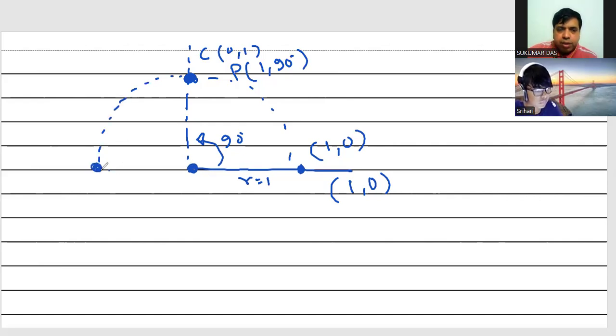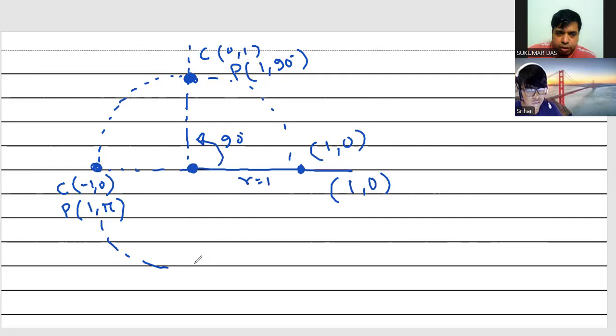Now let us move a little bit more. At this point, tell me what will be the Cartesian and what will be the polar coordinate. Cartesian would be -1, 0, and polar would also be 1, but with 180 degrees. Correct, it will be 1 comma pi. Very good.